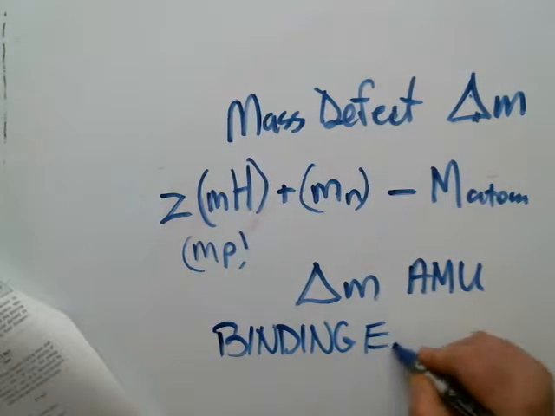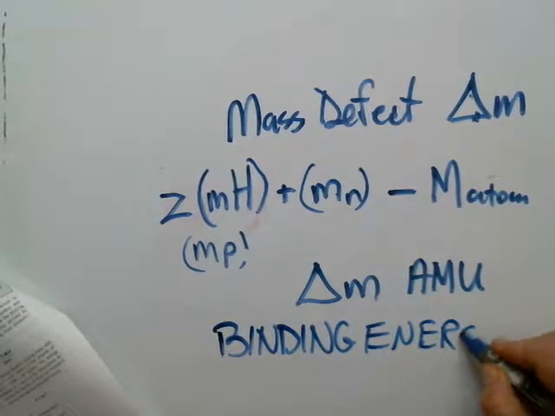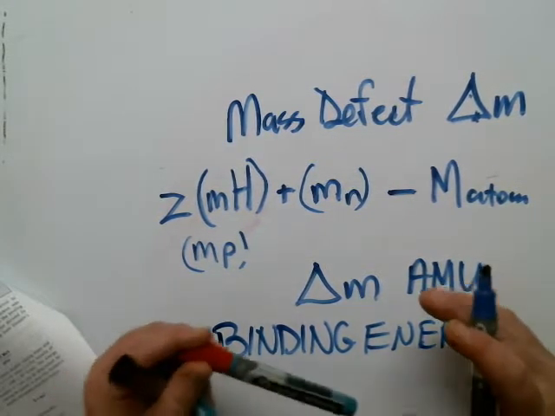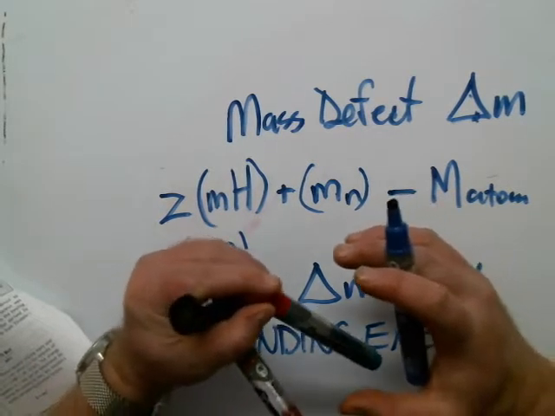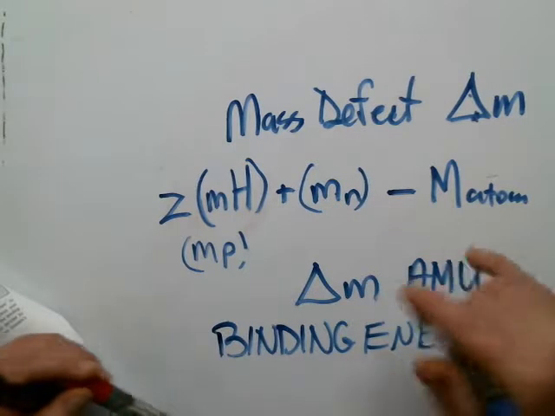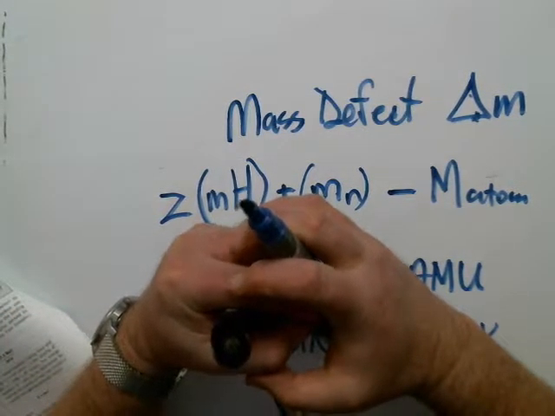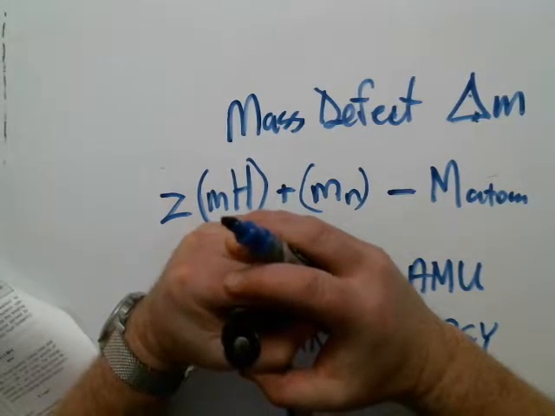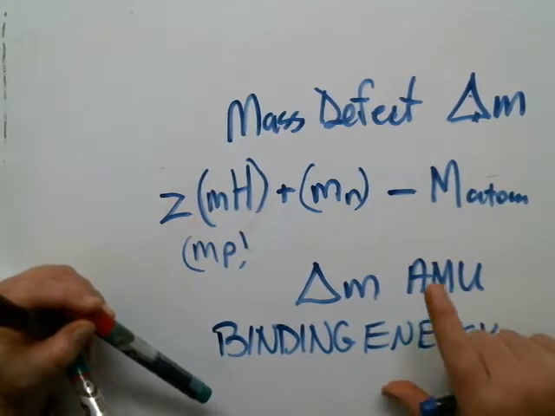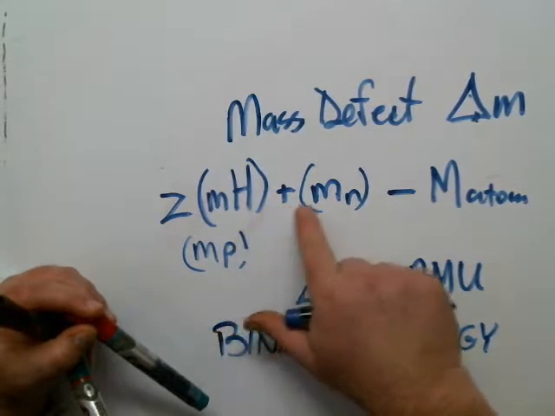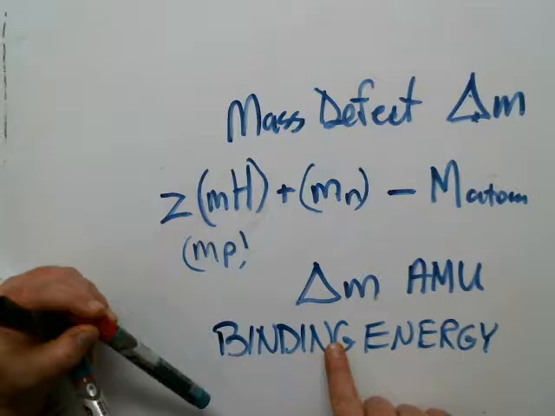Some mass was converted to energy, and that binding energy is the energy that's keeping the atom together. They were separated, and now they're together, and there's some sort of nuclear force that has to hold it together. It didn't come from nowhere. It was a conversion of some of the mass that these constituent components initially had to energy.